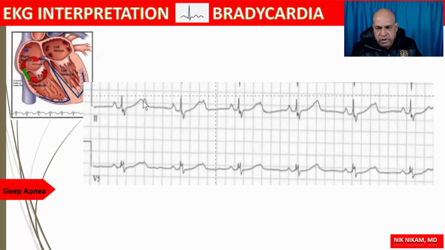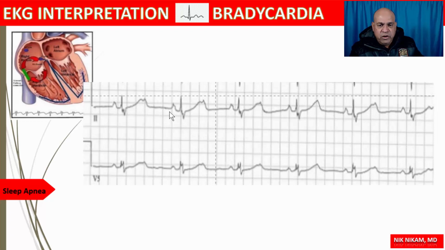Okay, if this is a P wave, if this is a P wave, if this is a P wave, this is a P wave, then we are talking about second degree AV block type 2. Why do I say type 2?